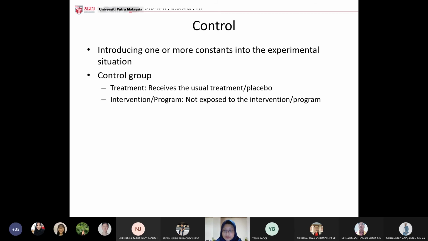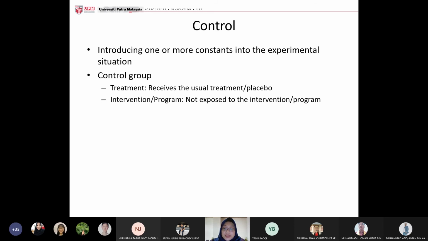And after a period of time, they will look at, are these people, after they take the vaccine, how is their improvement, their health? And they will compare that to the control group. So you can actually eliminate, maybe it's because of something else. It's not because of the vaccine. That's the purpose of having the control group.